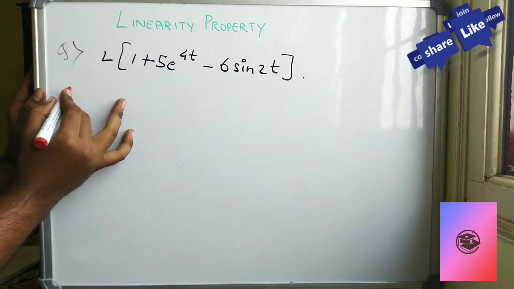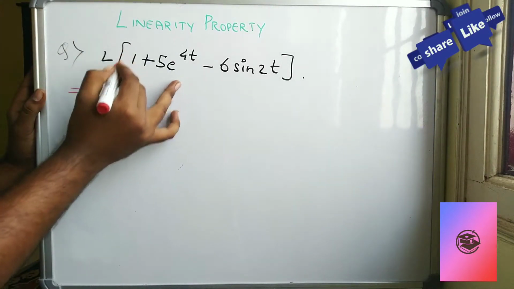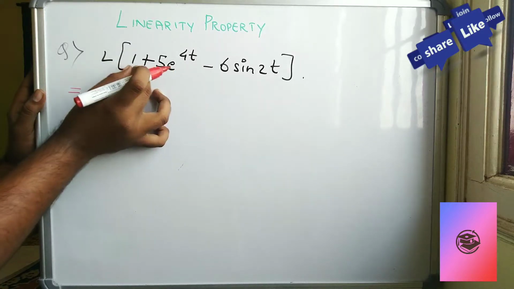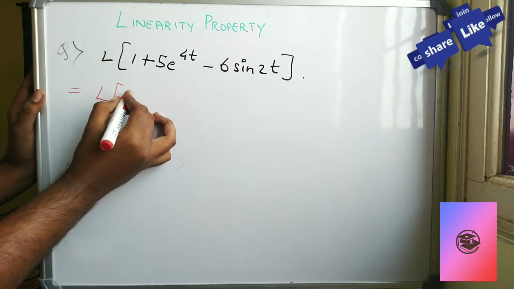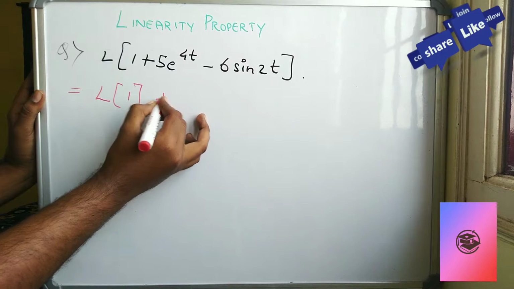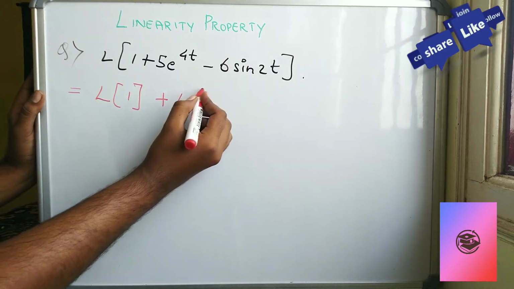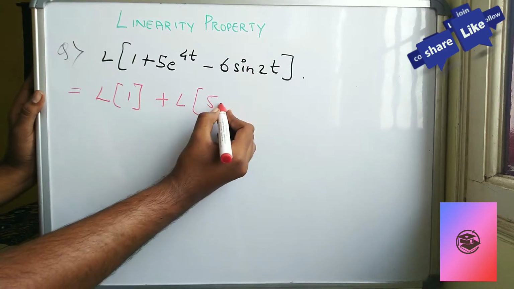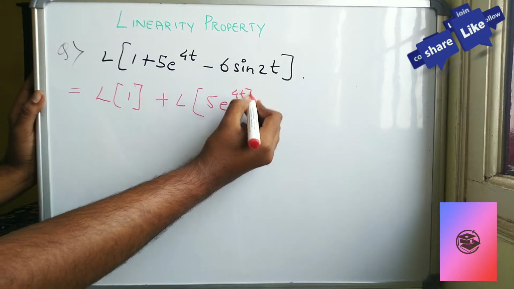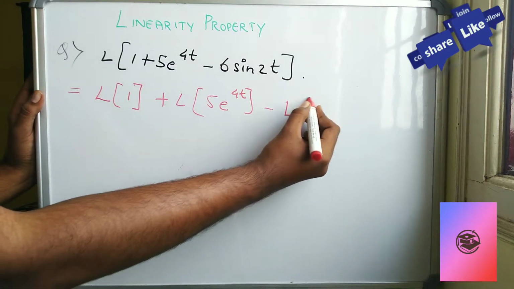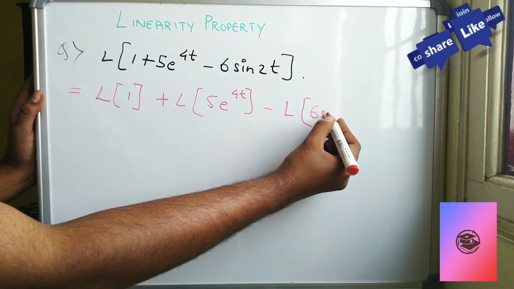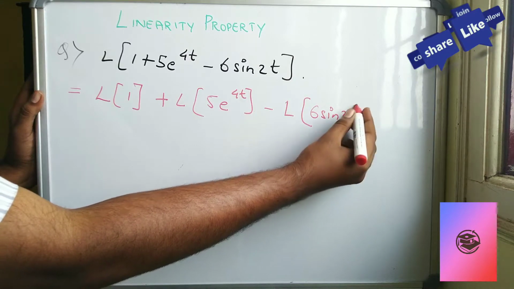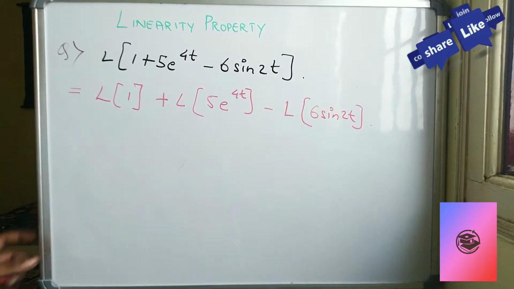It starts with the Laplace transform of 1, plus the Laplace transform of the second function, 5 e power 4t, minus the Laplace transform of the third function, 6 sine 2t. This is the first step you have to do.